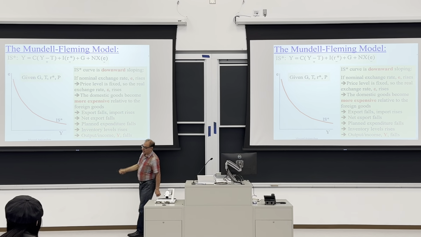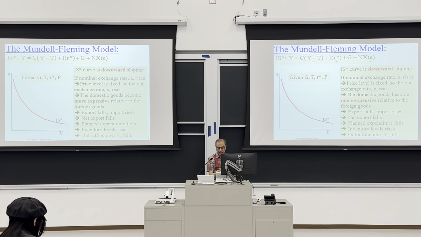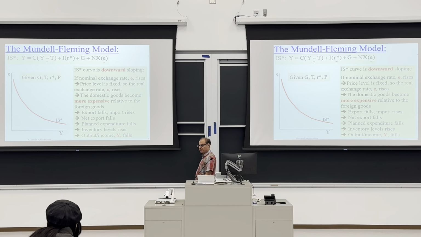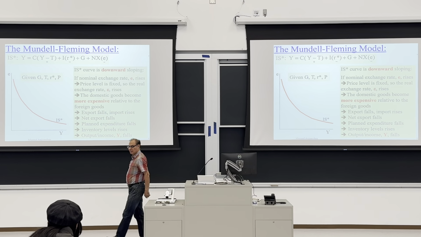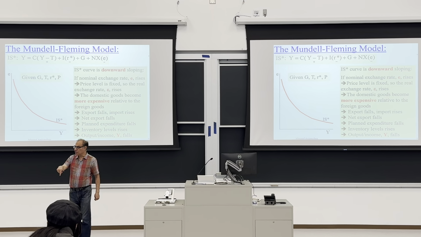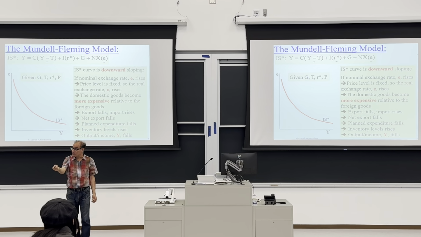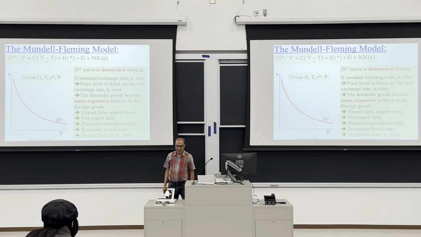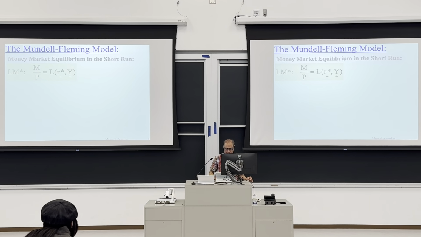So did you see that? Negative correlation. E goes up, output falls. So here I am just constructing my goods market equilibrium. Don't forget that this is representing all possible equilibrium points in goods market. Is that right? In goods market.